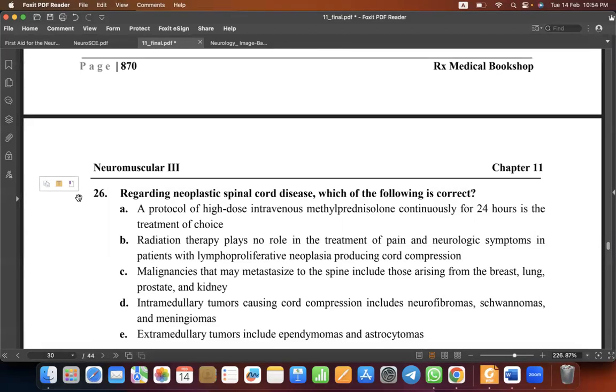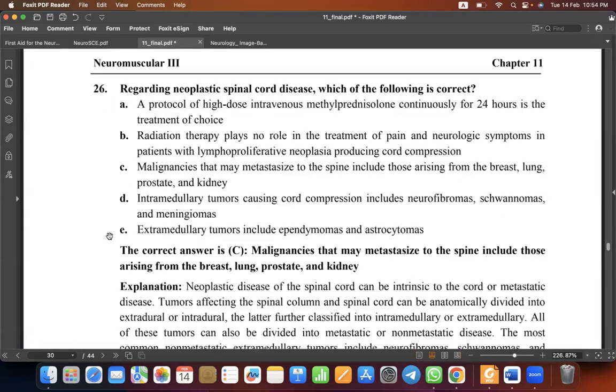The neurofibroma, meningioma, and schwannoma are extramedullary intradural tumors. Okay, the malignancies that may metastasize to the spine arise from the breast, lung, prostate, kidney. That could be a possibility. Okay, radiation therapy, no role. It's absolutely wrong. A protocol of high-dose intravenous methylprednisolone continuously for 24 hours, not at least 24 hours. So the possibility is C, I guess.